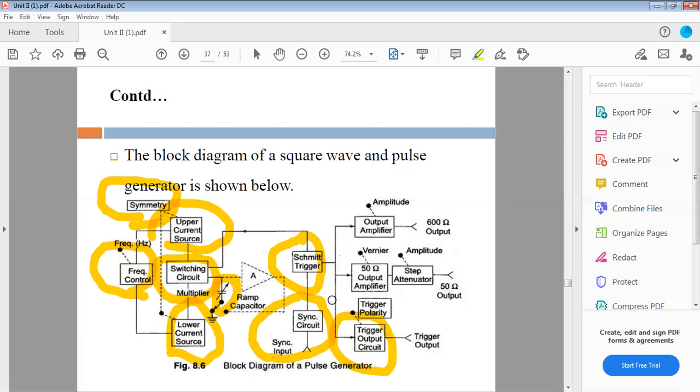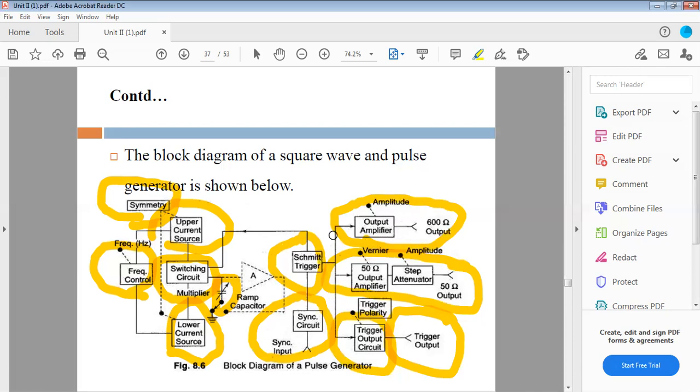Next, the Schmitt trigger provides three outputs: one is the 600 ohm output, another is the 50 ohm output, and the last one is the trigger output. The Schmitt trigger output is connected to the 600 ohm output through an output amplifier, so whatever is generated by the Schmitt trigger is amplified, and we can also change the amplitude of the waveform with an external knob called the amplitude knob.